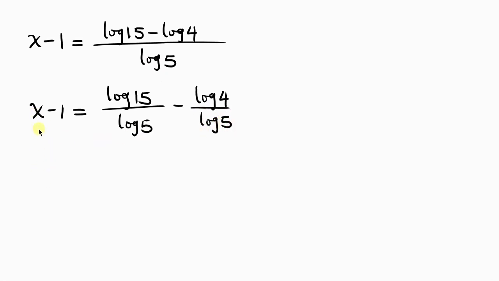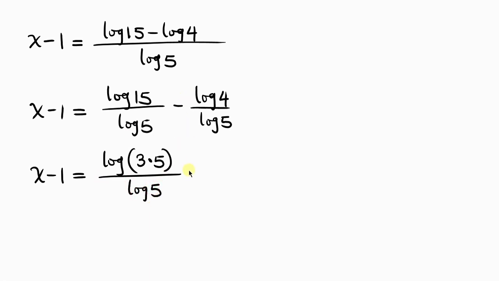So we're going to be having x minus 1 to be equal to, now I'm going to be breaking down 15. So log 15 is the same as log of 3 times 5 all over log 5 minus log 4 all over log 5.